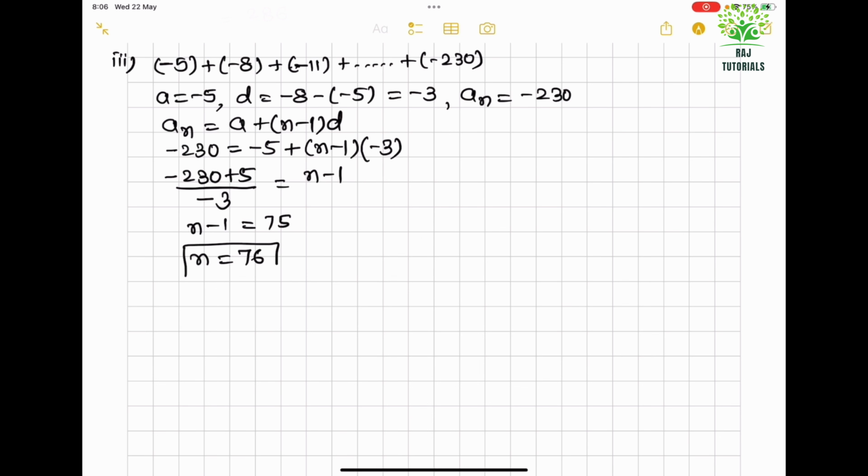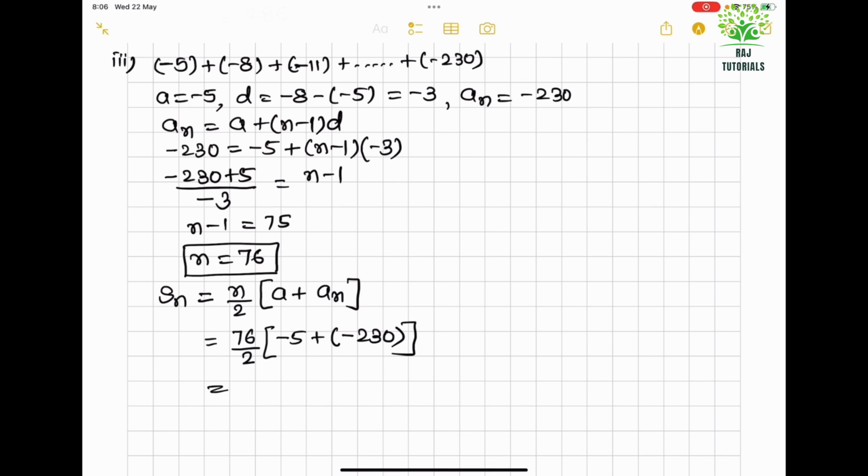Now I can use another formula also to find Sn, that is n by 2 into a plus an, or last term where we wrote l also. n by 2 means 76 by 2 into a, the first term, minus 5, plus last term minus 230.